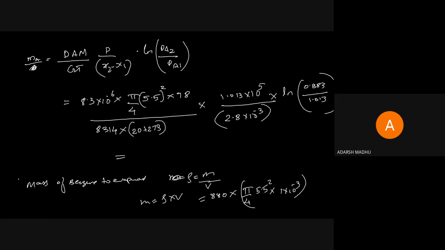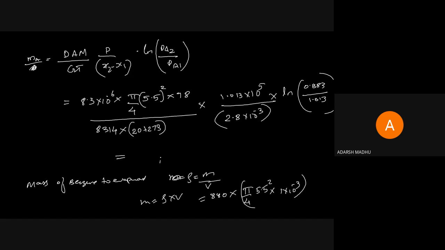D value is given, area from the diameter is given, P value and molecular weight M are given, the universal gas constant is a known value, and x2 minus x1 is the range, the distance over which evaporation or diffusion is taking place. It is the thickness of the film, and the pressure is given as PA2 and PA1. Already find out, you will get the value.